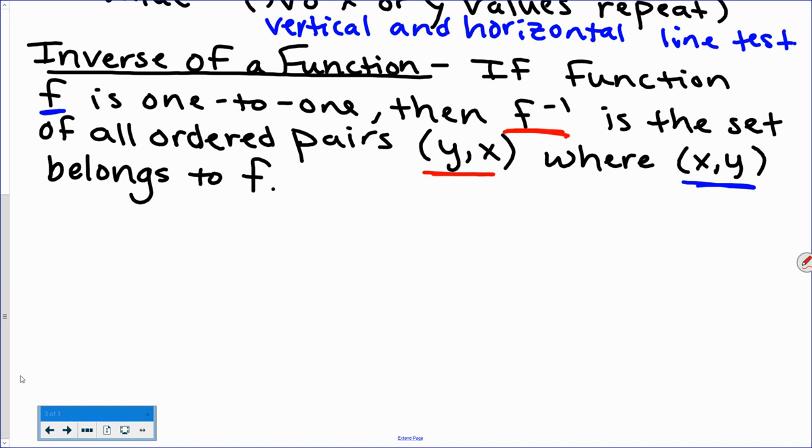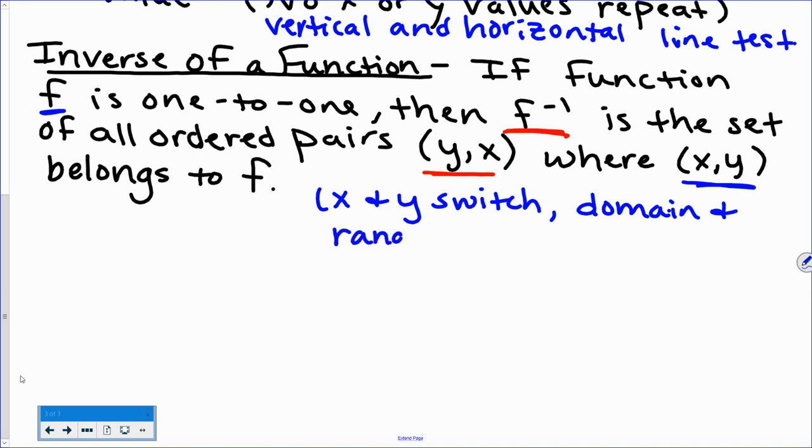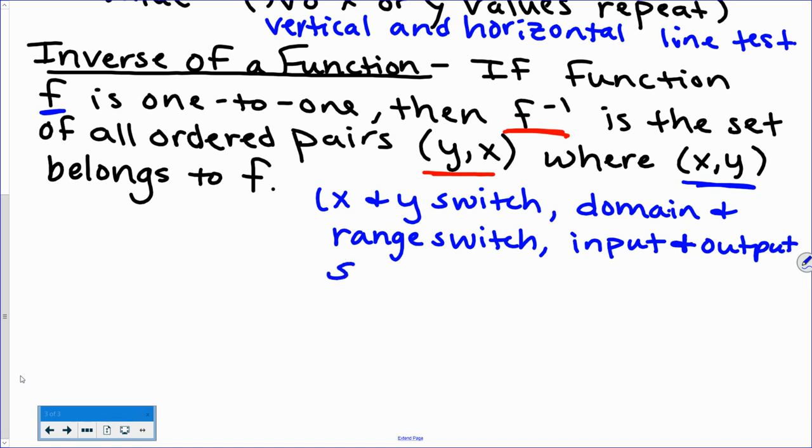So x and y switch, or you could say domain and range switch, or input and output switch. However you are thinking about it. Okay?